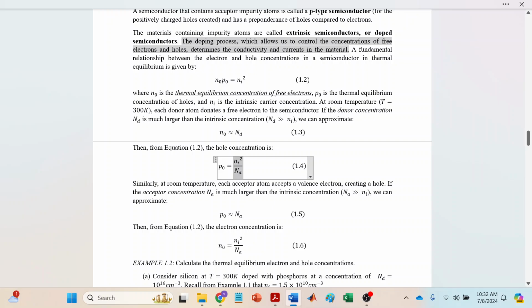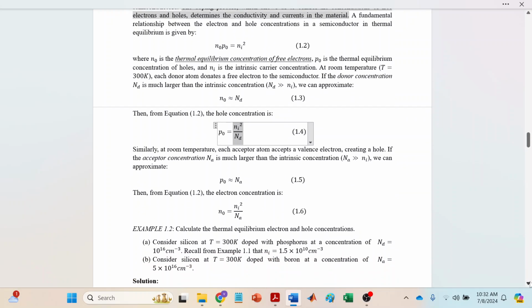Similarly, at room temperature, each acceptor atom replaces a valence electron, thereby creating a hole. So if the acceptor concentration is large compared to the intrinsic carrier concentration, we can replace the positively charged hole concentration with the acceptor concentration.